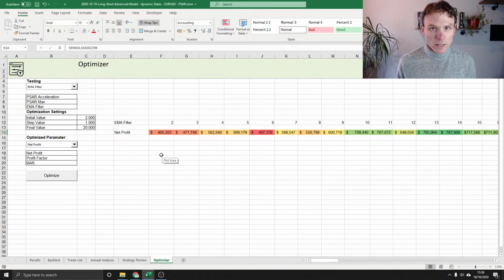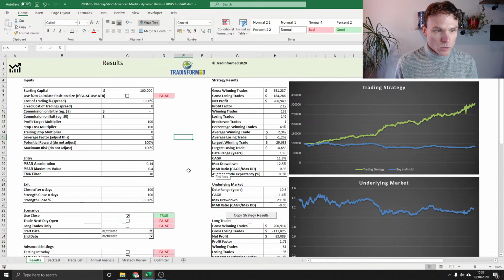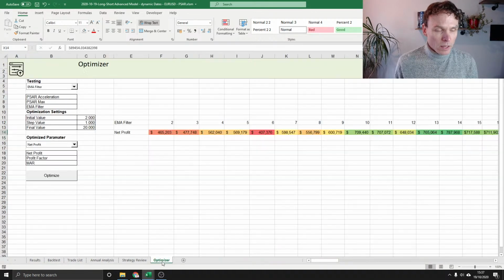However, I do believe that doing that exercise can be beneficial in itself, and it can also be useful in other ways as well. And one of the ways I wanted to demonstrate was to start off with a model that has been quote unquote optimized, as in this one. So we've got some settings which are pretty good for the Euro US dollar because I looked at them before, and this is how I got these settings.